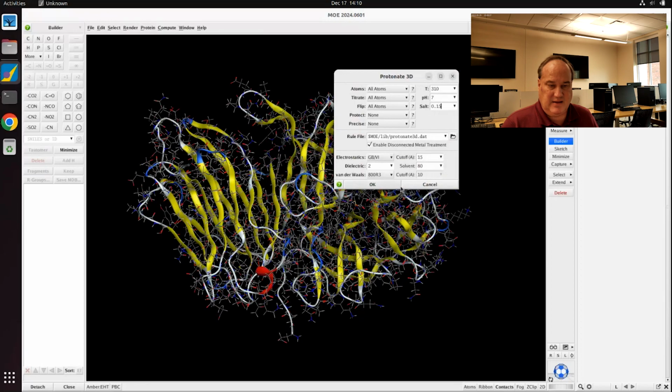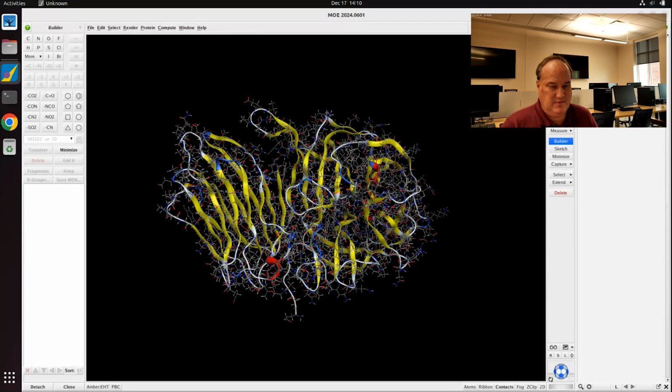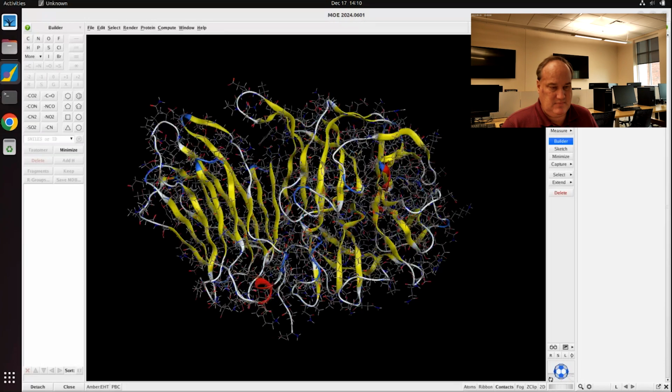And then I usually keep all these parameters the same. I just hit OK. And now we're going to consider the pH and protonate our protein correctly based on the physiological conditions of the protein, right? So now that is done.